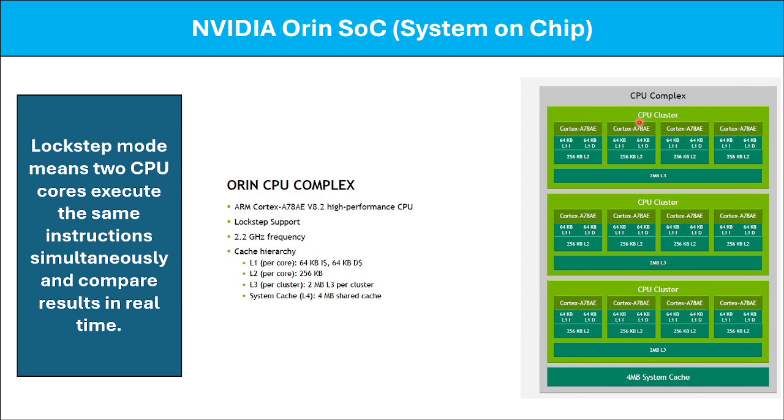It's a CPU complex with, as we said, three clusters with 4 cores each. As you can see, 3 clusters, 1, 2, 3. Also a common 4 megabyte system cache. And inside each cluster we have a 2 megabyte L3 cache for the whole cluster, which is meant to be accessed from all these 4 cores.